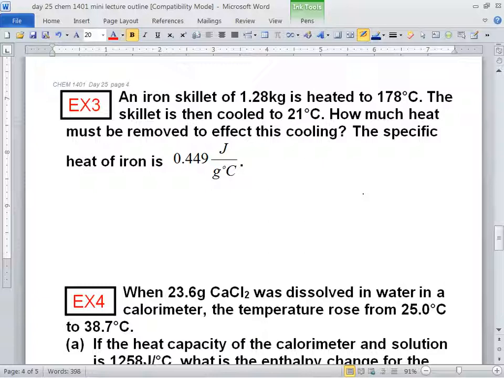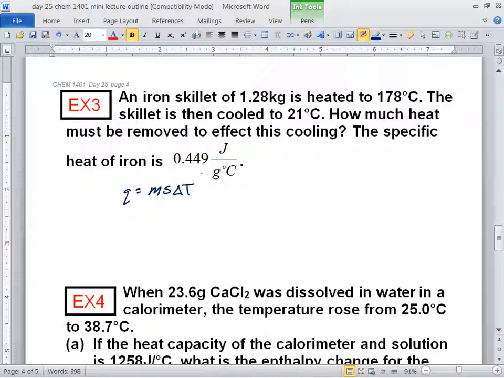So does anybody have a game plan for number 3? Okay. Emily's got an idea. She says use Q equals ms delta T. I like that idea. You have everything you need to use that equation.